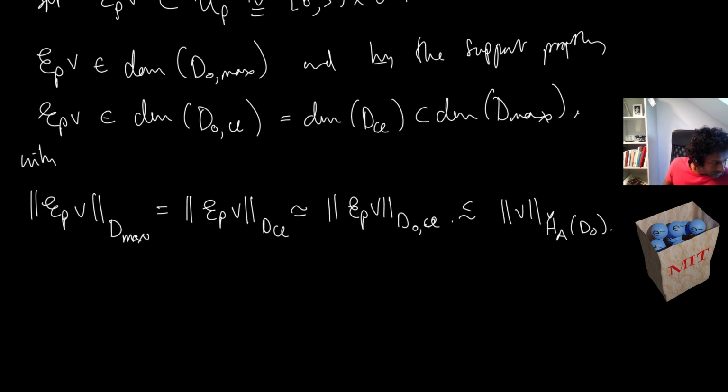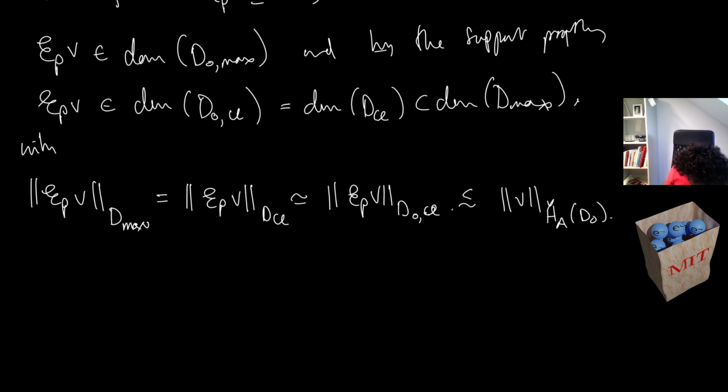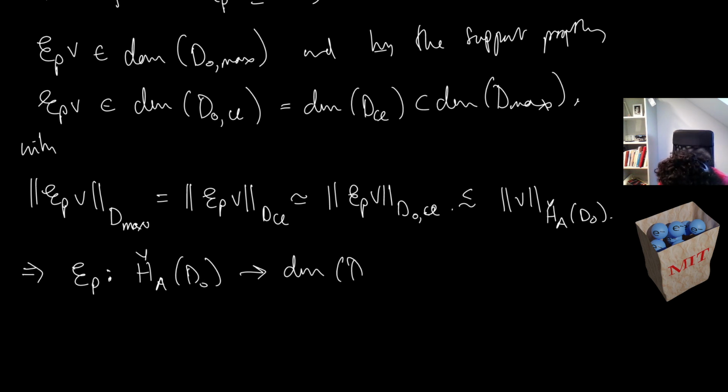Okay, so this gives us that E rho is actually a bounded surjection from H check A D naught to DOM D max, bounded surjection.